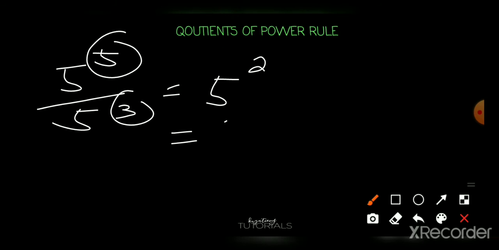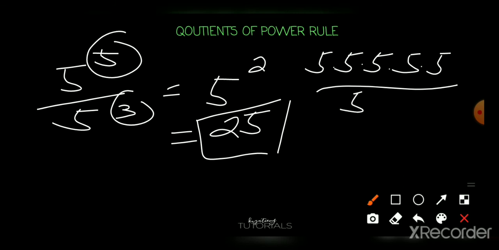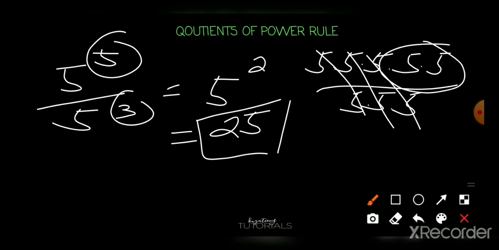So this is 25, and the final answer is 25. If we expand it, it is 5 times 5 times 5 times 5 times 5 divided by 5 times 5 times 5. We cancel out three, so what remains is two 5s, which is 25.